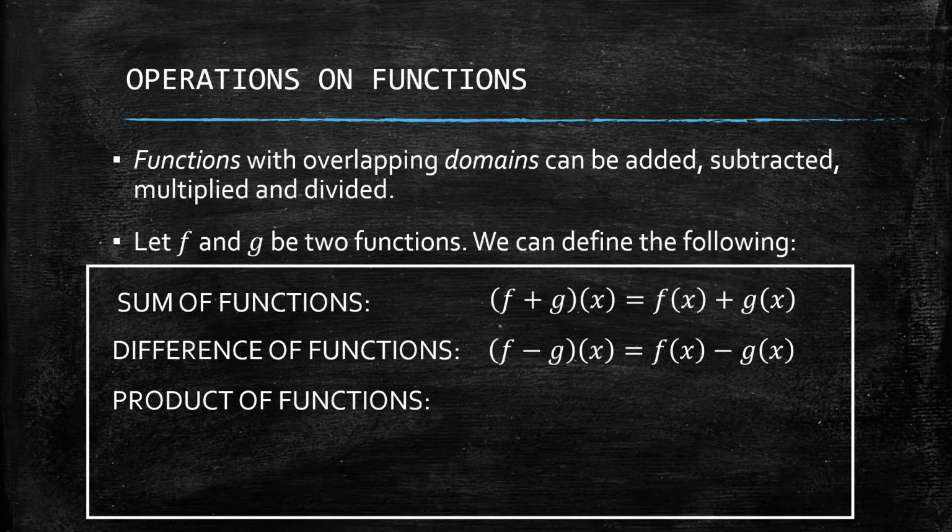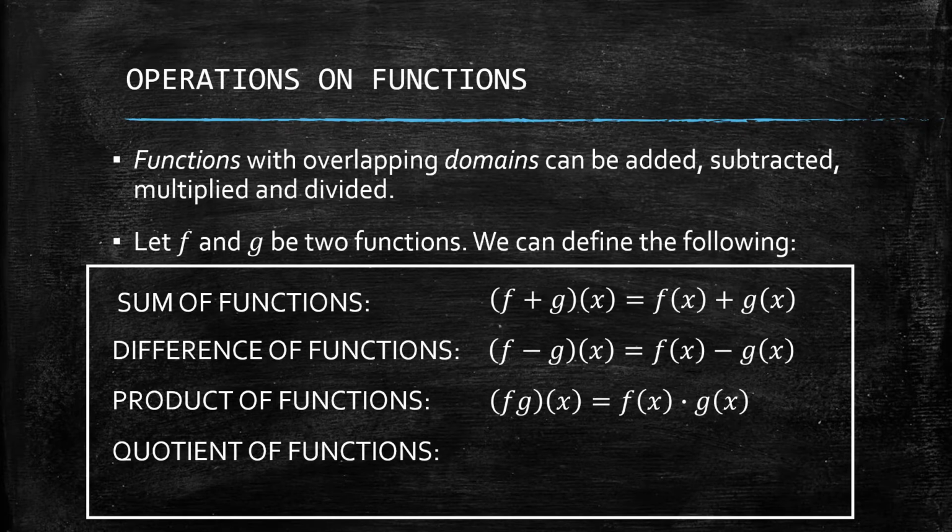To get the product of functions, we will have f times g of x equals f of x times g of x. And for the quotient of functions, we will have f divided by g of x is equal to f of x divided by g of x, where g of x should not be equal to 0. So we will discuss this one by one.